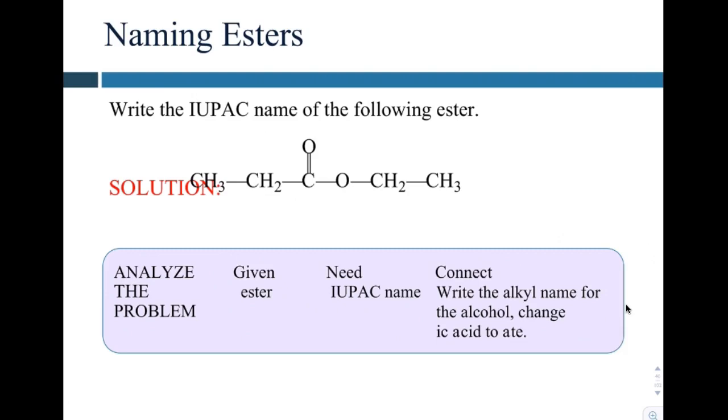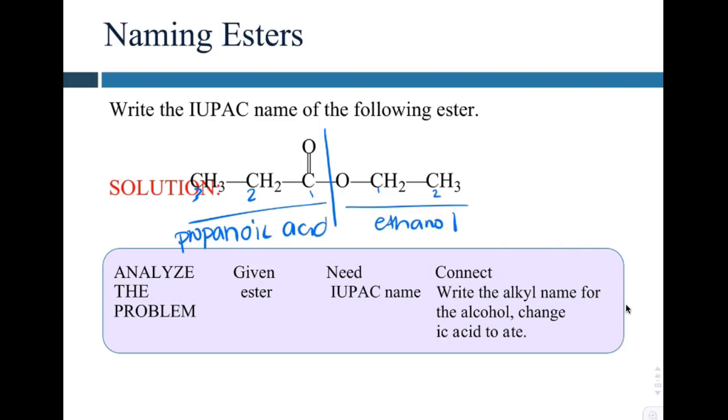Alright, and so can you find the place where you get your split? It's right here. And so on this side, you got your carboxylic acid. On this side, you got your alcohol. And so 2 carbons with an alcohol is called ethanol, right? And then 1, 2, 3 carbons of a carboxylic acid is called prop, because I have 3 carbons, anoic acid. So I get propanoic acid and ethanol, right? But in order to name it, I name what first?